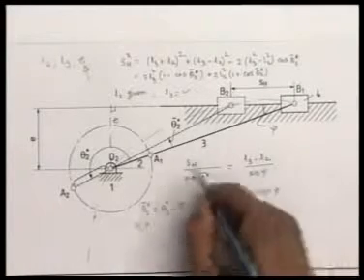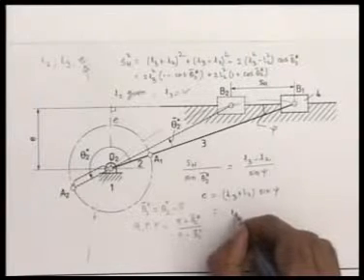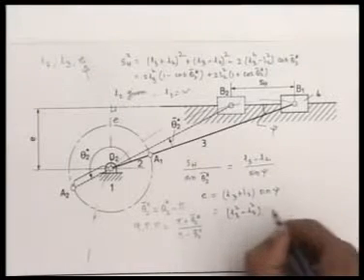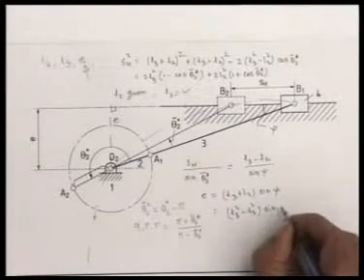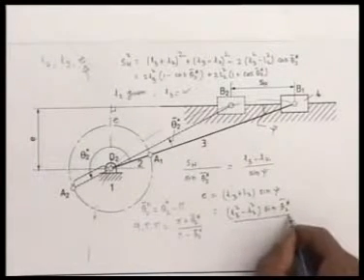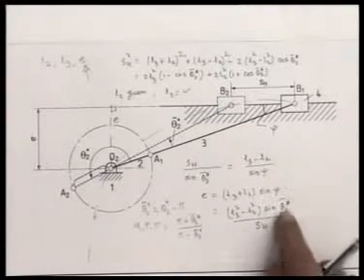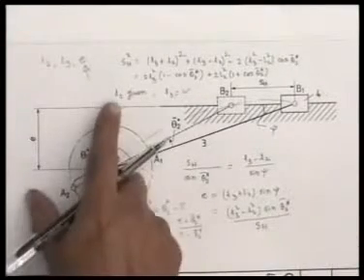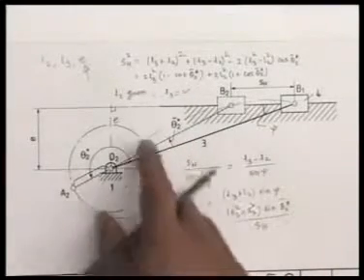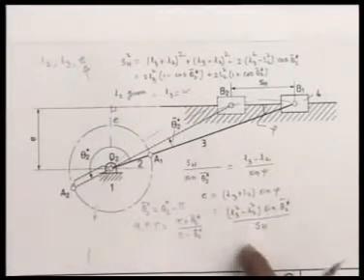I can easily substitute for sine psi from here, and we get L3 squared minus L2 squared into sine theta 2 star bar divided by SH. So given stroke length, given quick return ratio, given L2, first we solve for L3 and then I can find E. Or the other way around, if L3 is given, then I can find L2 and then again I can find E.